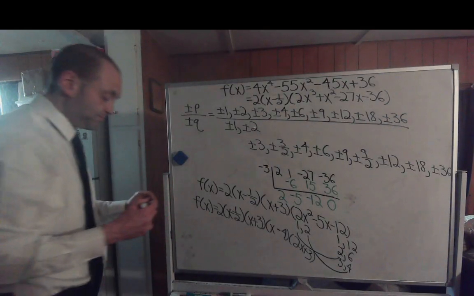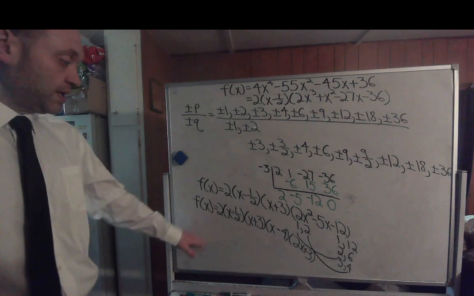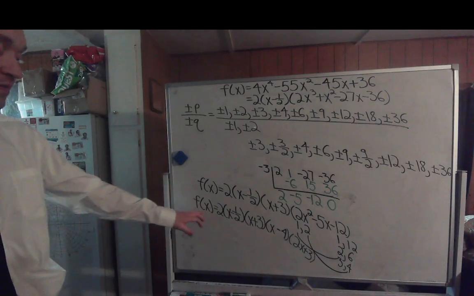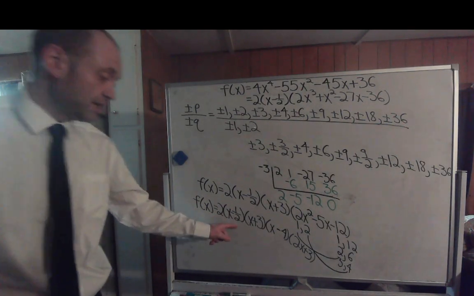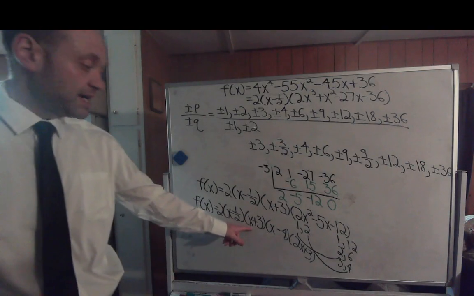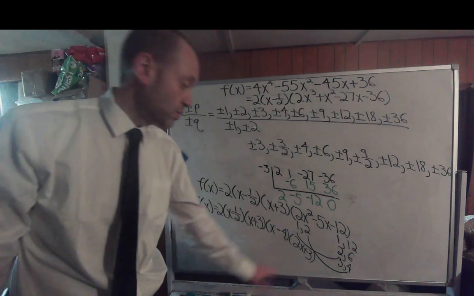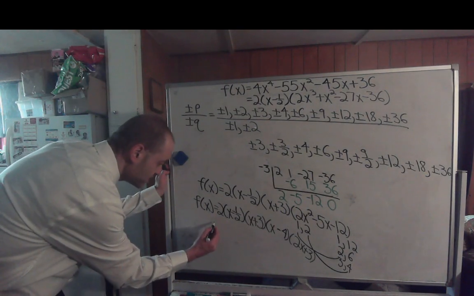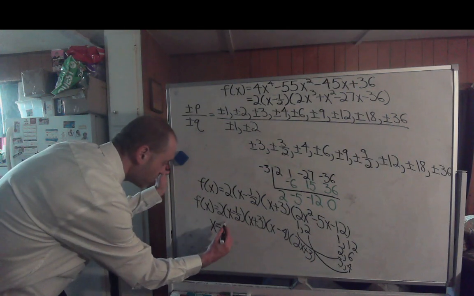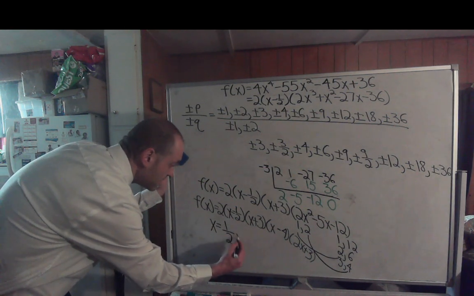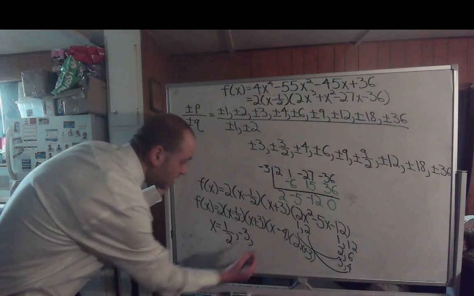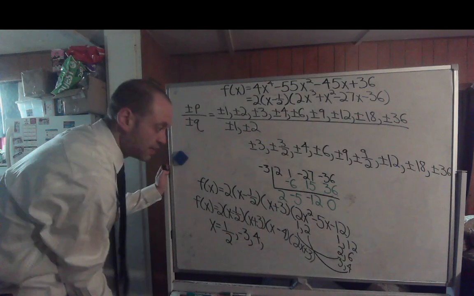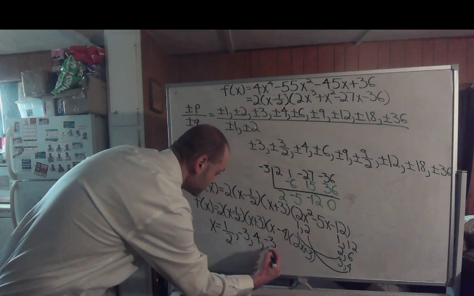All right. So we factored this completely now into f of x equals 2 times the quantity x minus 1/2 times x plus 3 times x minus 4 times 2x plus 3. Set each of these factors equal to 0, and you get that x equals 1/2, negative 3, positive 4, and negative 3/2.